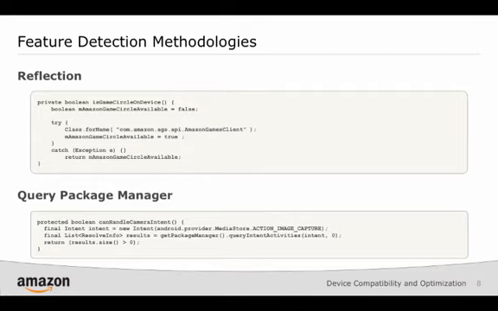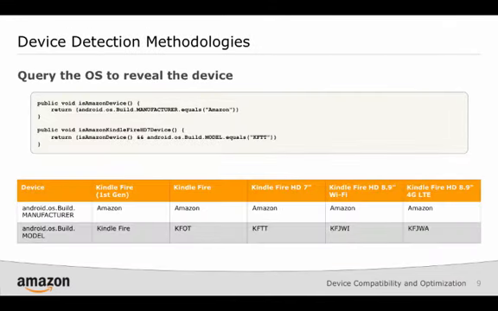In this case, you can use the Package Manager to determine if the appropriate software is installed on the device to make the request. To perform device detection, you can use the Android OS build object to query the manufacturer and model properties. Device detection is difficult to maintain, so you should only use it when necessary.